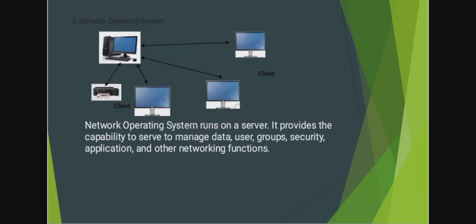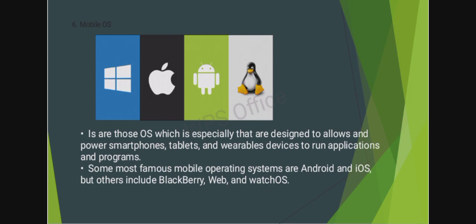Next, we have network operating system. Network operating system runs on the server. It provides the capability to serve and manage data, users, groups, security, applications, and other networking functions. Next, we have mobile OS or operating system. These are operating systems especially designed to power smartphones, tablets, and wearable devices to run applications and programs.